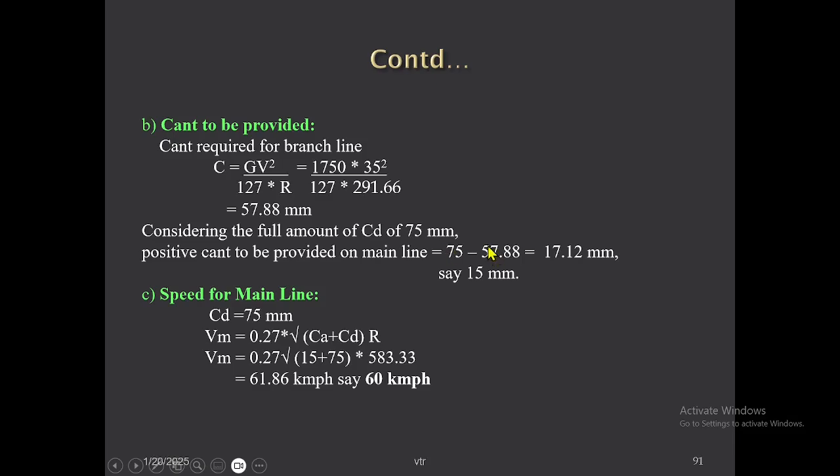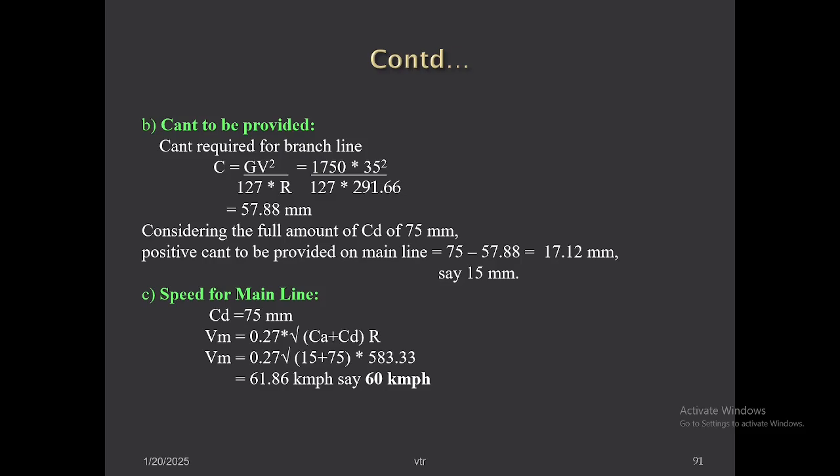Whatever negative cant we are providing on the turnout side will become positive cant on the main line. This has already been discussed in the previous problem, at the time of covering this topic.